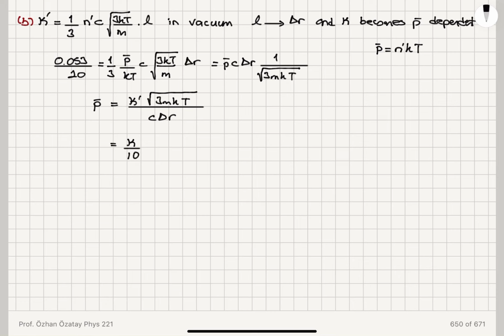We have c, 3 over 2k, 2 over 3k, 1 over c. And then we have square root 3 mkT divided by delta R. And this will be the original thermal conductivity divided by 15 times Boltzmann constant, square root 3 mkT, divided by delta R.